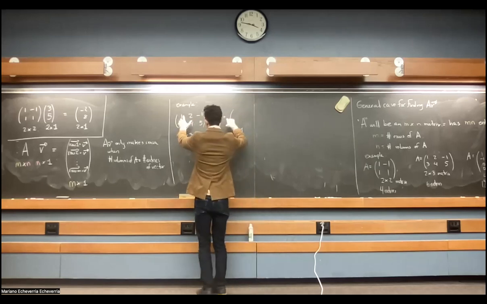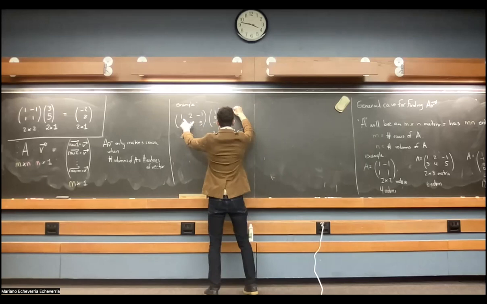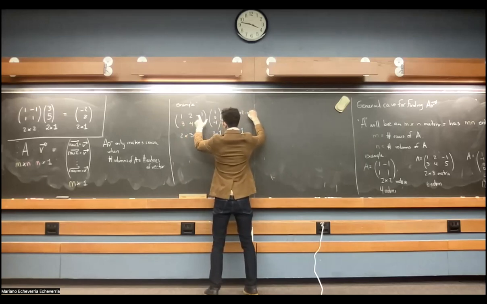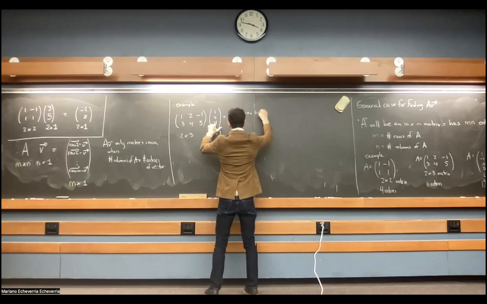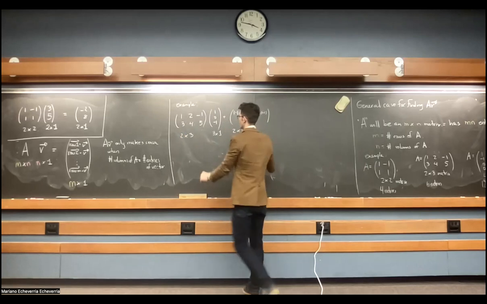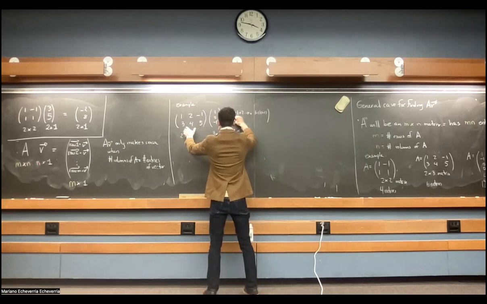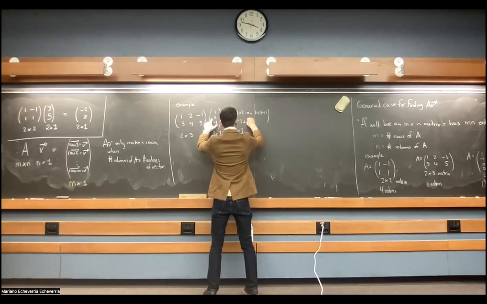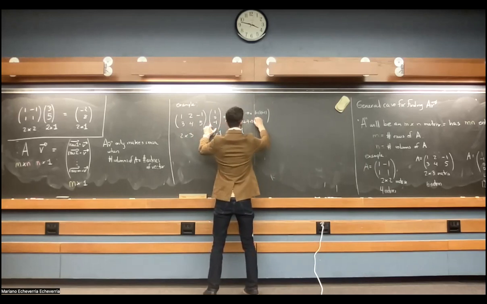If you do the dot product of the first row with the vector, you get 1 times 1 plus 2 times 0 plus -1 times -1. That's the first dot product. And then the second dot product is 3 times 1 plus 4 times 0 plus 5 times -1.